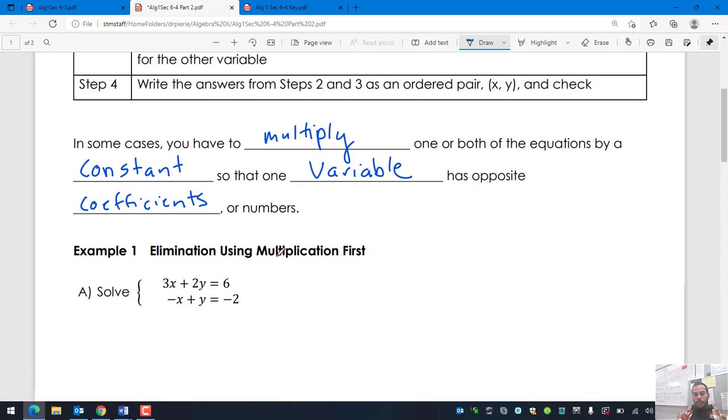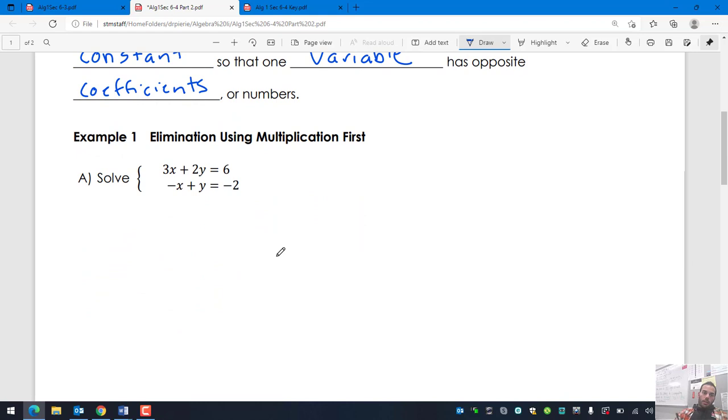Okay, so let's take a look at what this means. Let's take a look at example one. So our goal here is we need to eliminate one of our variables. We either want to eliminate the x's or we want to eliminate the y's. So before we eliminate, the first thing we got to make sure is we got to try to make sure that one of these variables has either the same or the opposite coefficients.